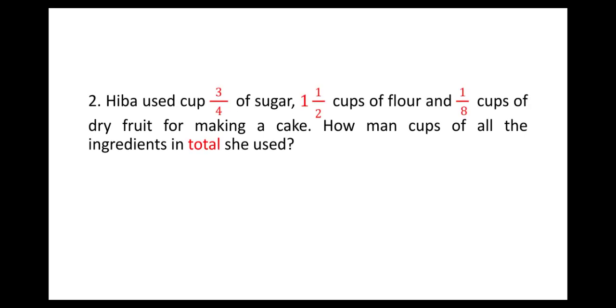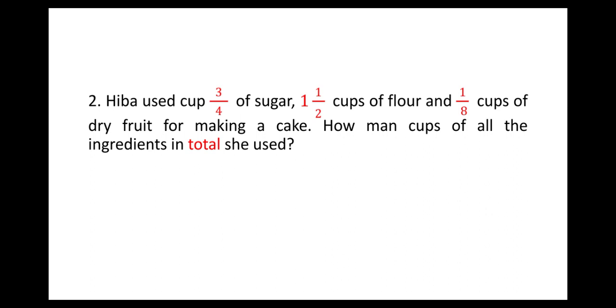Total walked. Okay ji. So the next question, Heba used 3 upon 4 cup of sugar and 1 whole 1 upon 2 cups of flour and 1 upon 8 cup of dry fruit for making a cake.